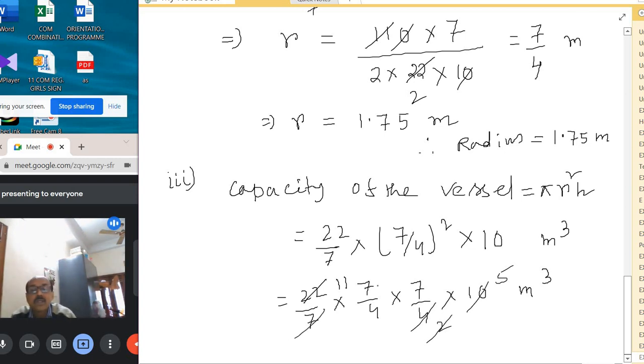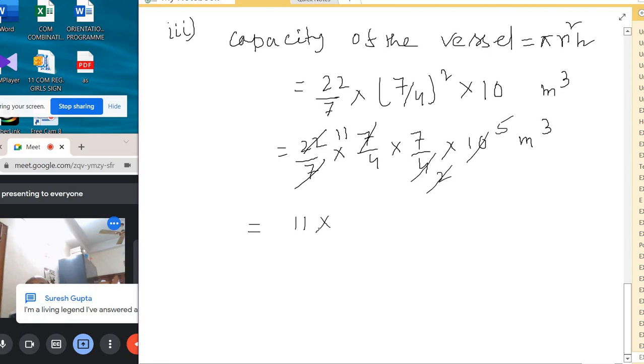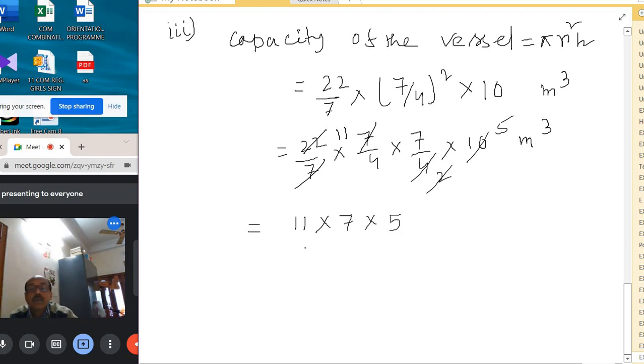So this is equal to 11 into 7 into 5, 7 into 5, divided by 4.